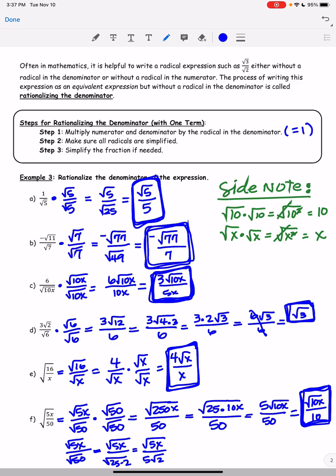And now, if you have something in the bottom that has a number outside that radical, you don't even worry about that radical. I would multiply by just square root 2, right? That's what it says in here, by the radical in the denominator, not the whole term. Okay, so in the top, they're both under radicals, so we'd get square root of 10x. Square root 2 times square root 2 is 2. So we'll do 5 times 2. And then we get 10.